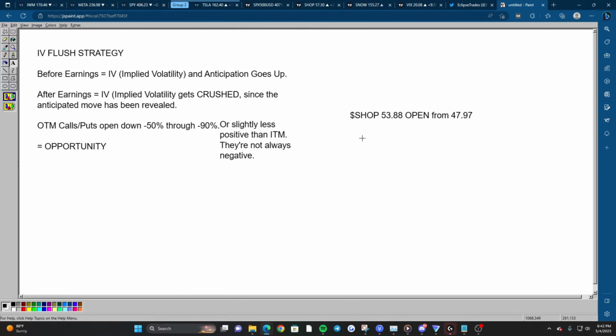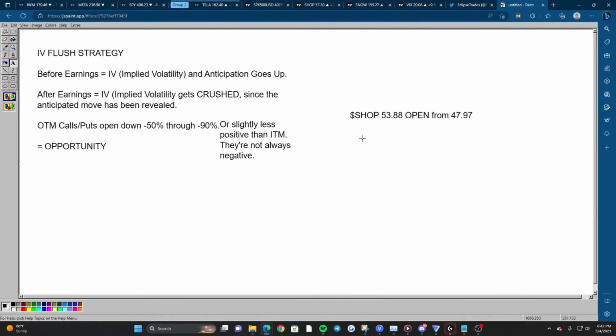IV is implied volatility. Before the earnings, everyone doesn't know what's going to happen. No one has any idea if it's going to go up, go down, or stay flat. No one knows, so there's a lot of anticipation. If you look at any options contract, you're going to see the implied volatility percentage.